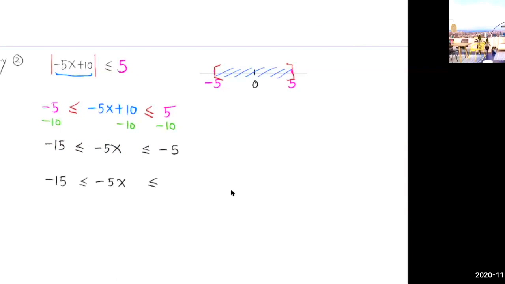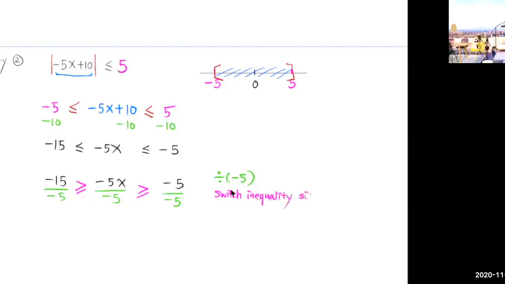Divide by negative 5. Now remember, this is the action step. We divide by negative 5, so we need to erase this inequality sign and switch it, so that it goes the other way. How come we didn't switch it on the last one?